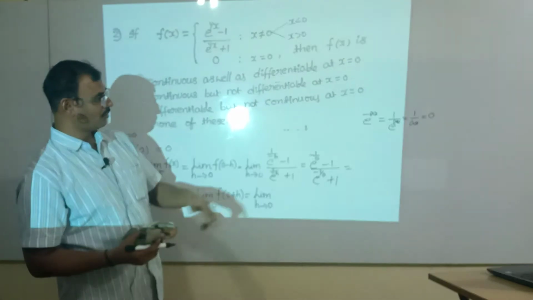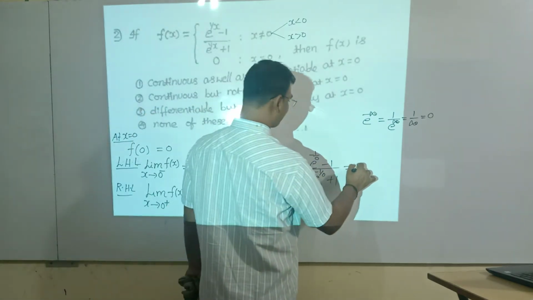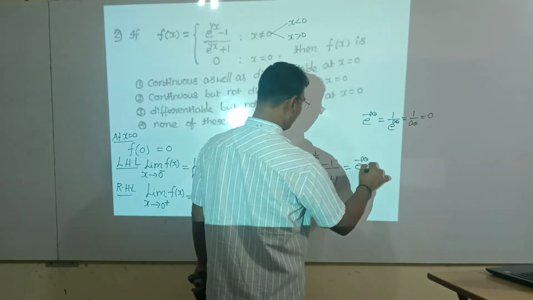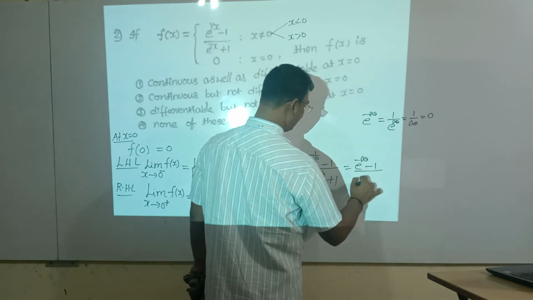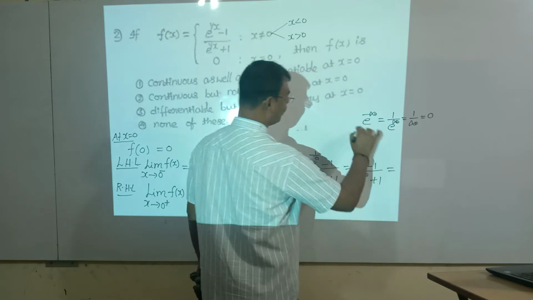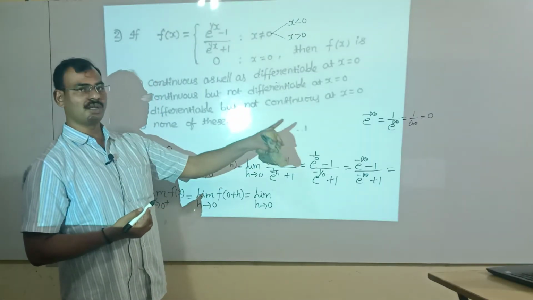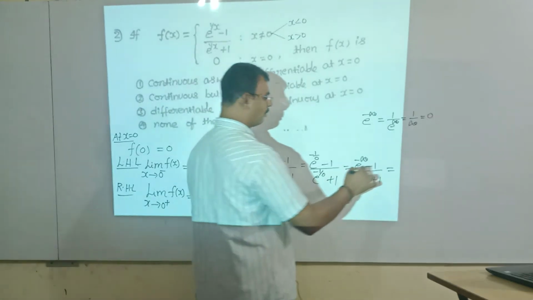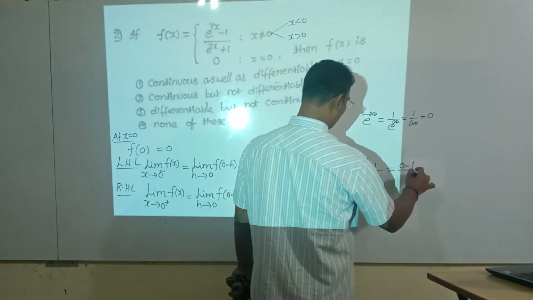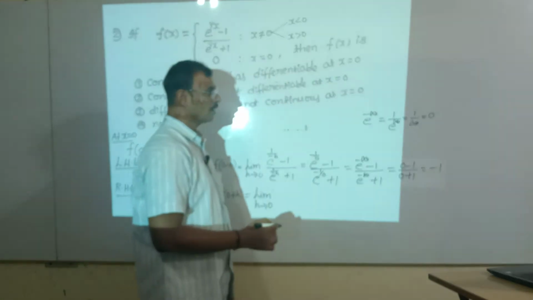So e raised to 1 by 0 we know, that is infinity. So this is e raised to minus infinity minus 1 by e raised to minus infinity plus 1. As we know, e raised to minus infinity will be 0 always. So 0 minus 1 divided by 0 plus 1, this is equal to minus 1.